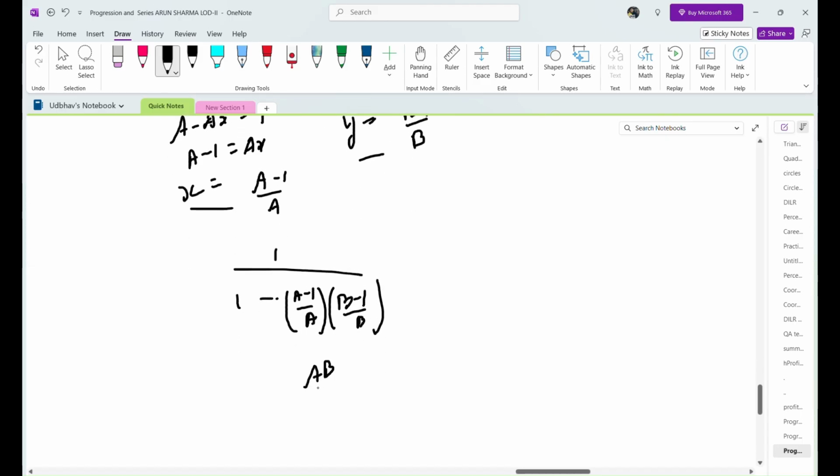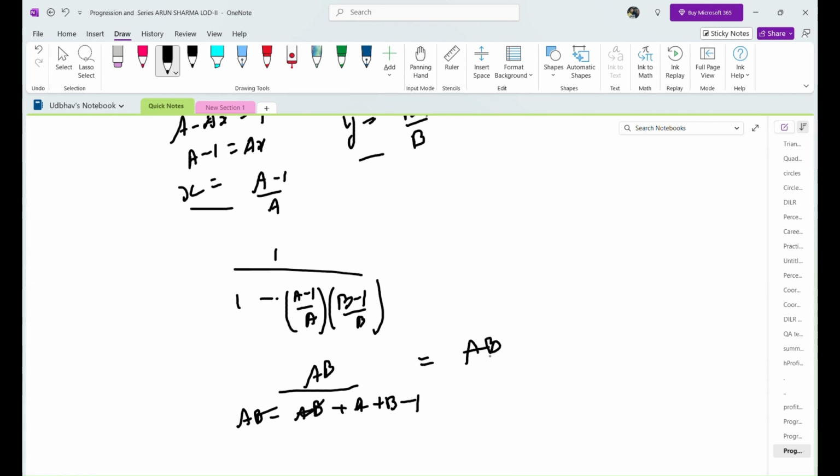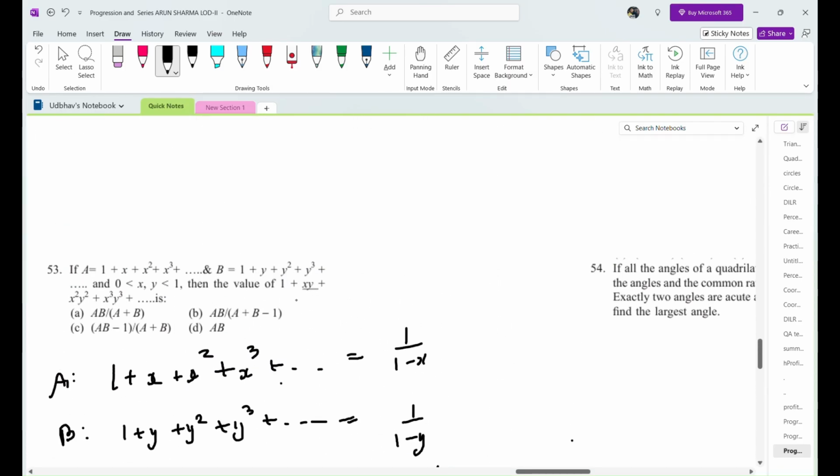AB will go at the top, and here will be AB minus AB plus a plus b minus 1. AB upon a plus b minus 1. AB upon a plus b minus 1, option B.